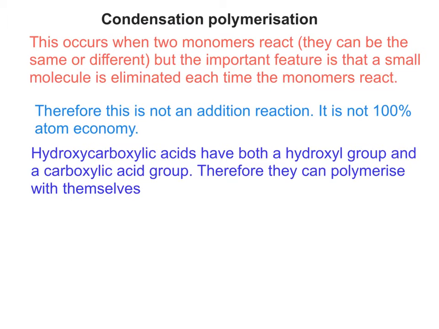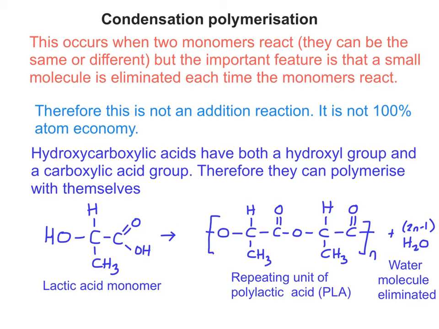So hydroxycarboxylic acid is a carboxylic acid that has a hydroxyl group somewhere else in the molecule, in addition to the carboxylic acid group it already possesses. So an example of this would be lactic acid. So let's have a look at how we construct the repeating unit this time.